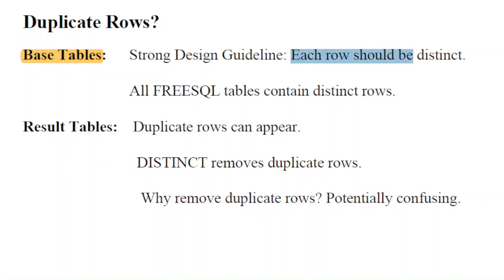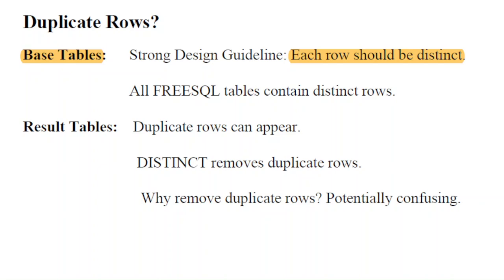A strong guideline for every table is that each row should be distinct, which is why you saw the P&O column designated as unique in the preceding discussion of the create table statement. In fact, all tables in the free SQL database will contain distinct rows.